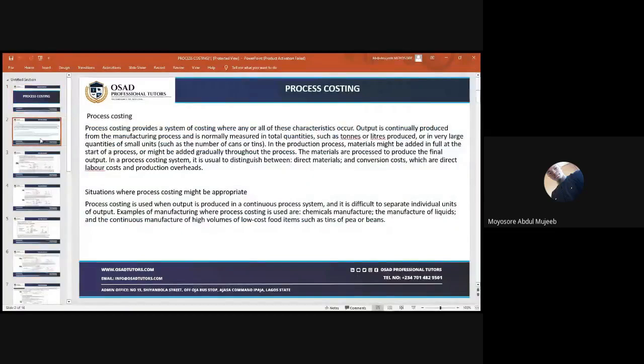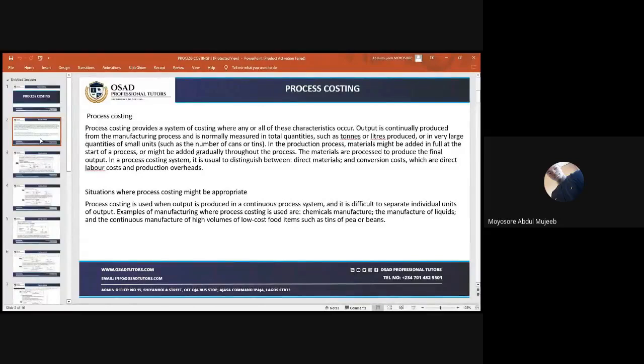Process costing provides a system of costing where any or all of these characteristics occur. Output is continually produced from the manufacturing process and is normally measured in total quantities such as tons or liters produced, or in very large quantities of small units such as number of cans or tin.